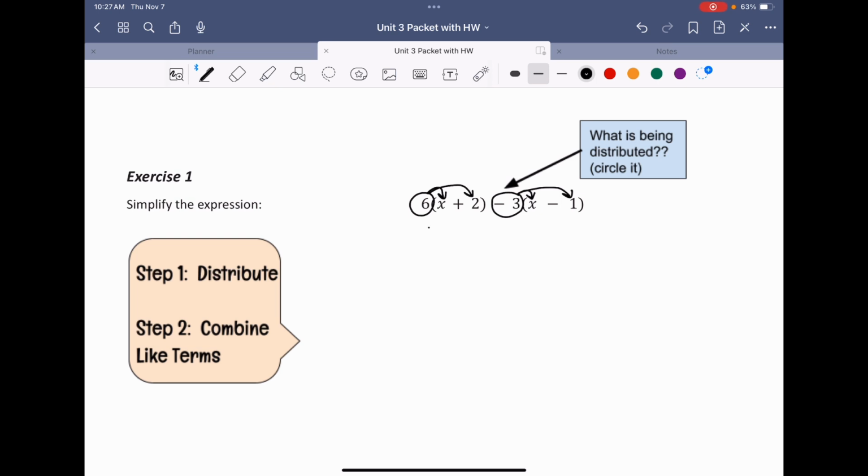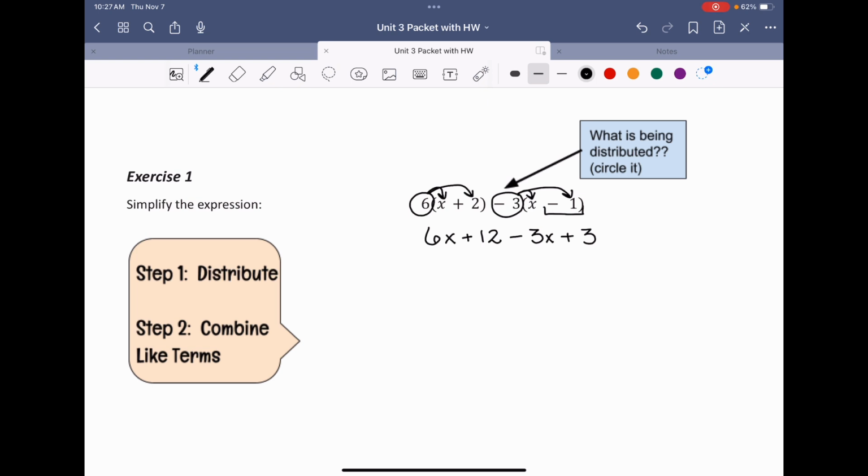So 6 times x, 6x, plus 6 times 2, which is 12. Now I have -3 times 1x, which is going to give me a -3x, or -3x, same thing. -3 times -1 is +3.